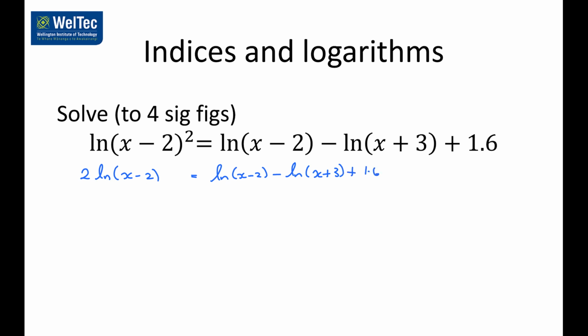Now we've got 2 natural log x minus 2's on one side and 1 on the other, so let's take that away. And let's add the natural log of x plus 3 onto the other side.